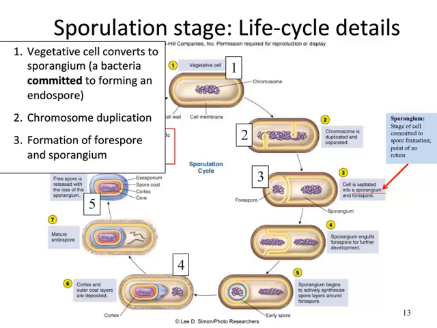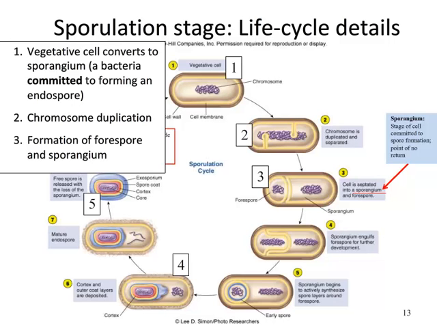So let's start with step 1. Step 1 shows you a diagram of a vegetative, living, make-you-sick cell. And as the vegetative cell moves from step 1 to step 2, it commits to becoming a sporangium. A sporangium is a term used for a bacteria that is absolutely committed to forming an endospore.